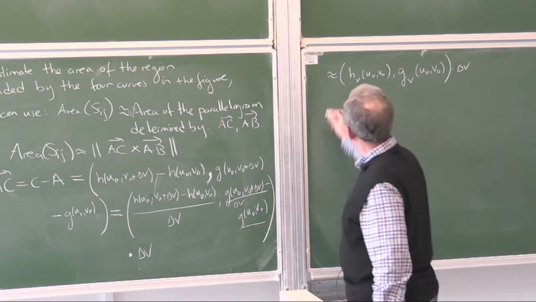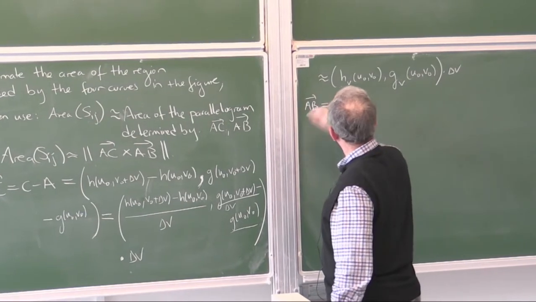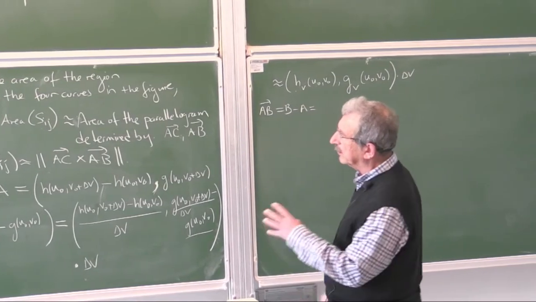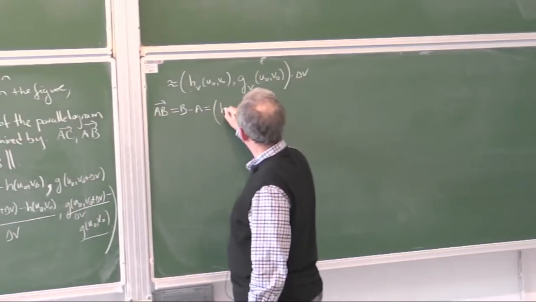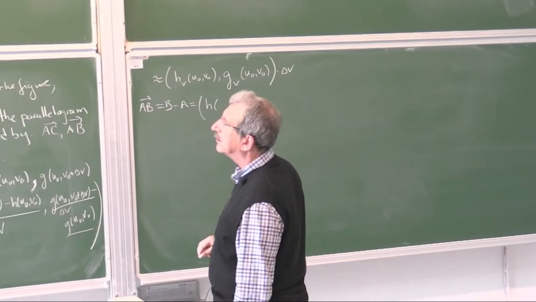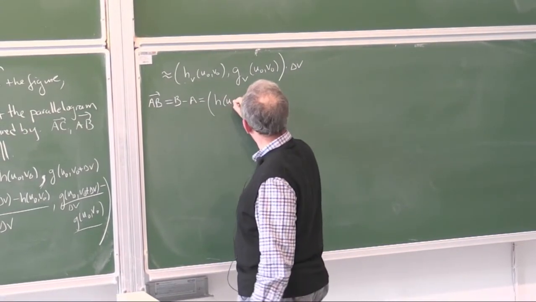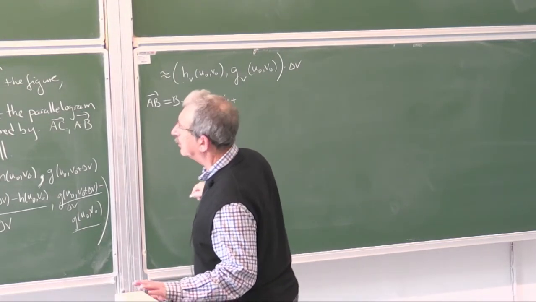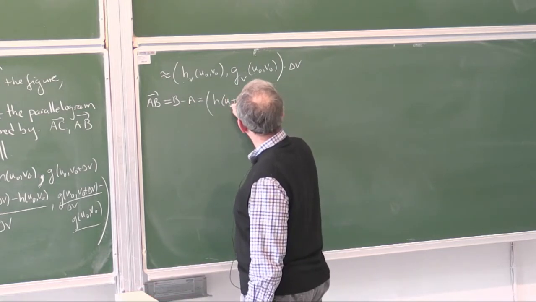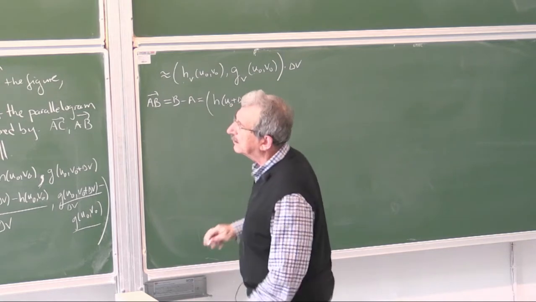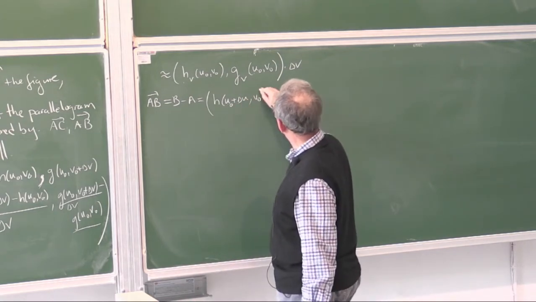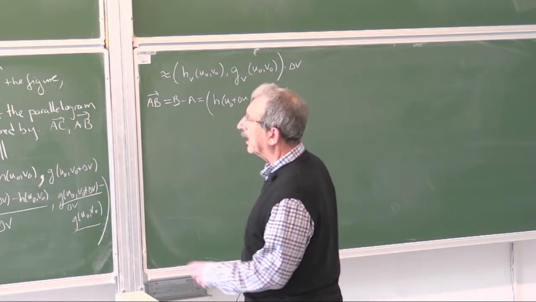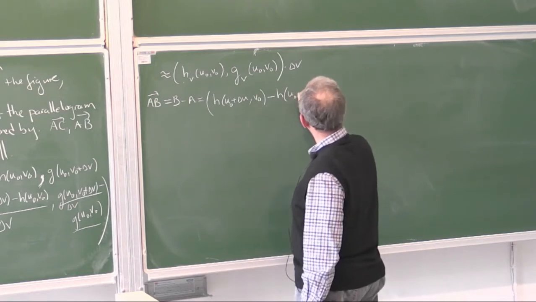Now, similarly, AB would be B minus A. Let me calculate that. This would be h of, this time the first variable changed, so u0 plus delta u, and v0, minus h of A, that is u0, v0.